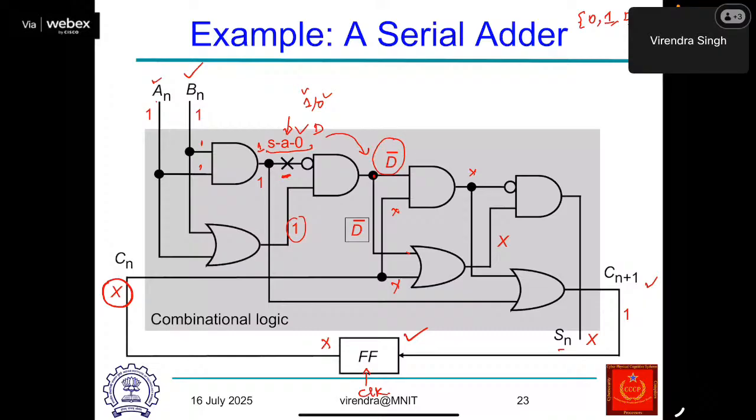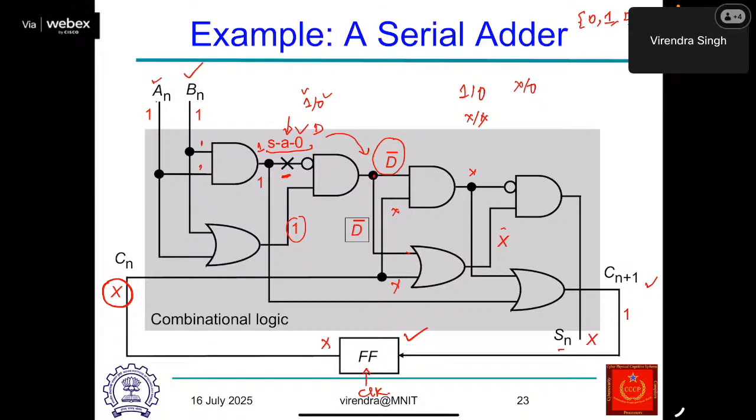The input here would be x and D bar, which is 1 0, and x is x, right? The output of the input would be x 0, right?